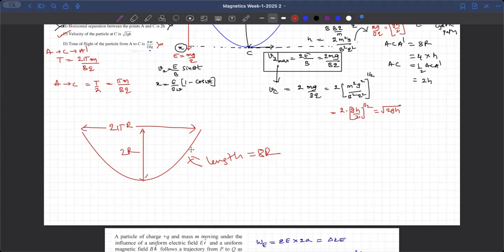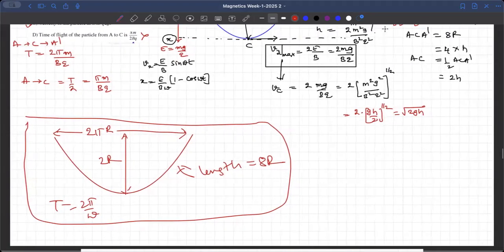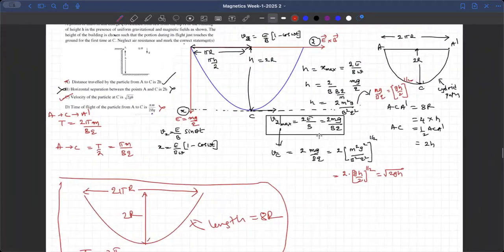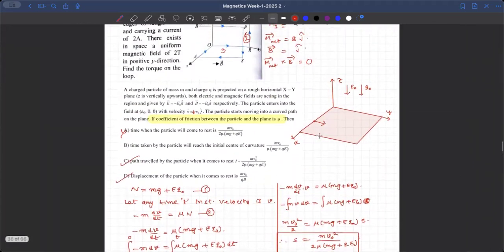And this is one full time period, 2π by omega. This is the basic understanding of the cycloid path. If we know this, you can manage that particular question. Hope this part is clear for you. Done.